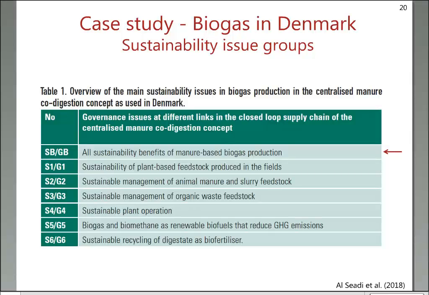Sustainable plant operation, and also taking care that there is no leakage of emissions from the biogas plant. And finally, the sustainable recycling of the digestate as a biofertilizer. But then we also chose in the end to include the financial incentives here as a part of sustainability governance.